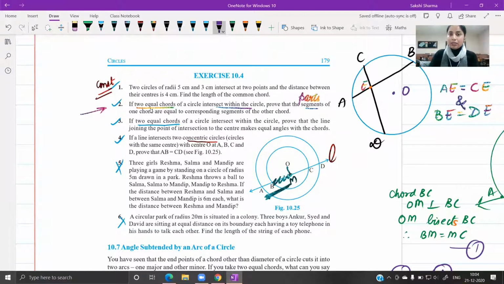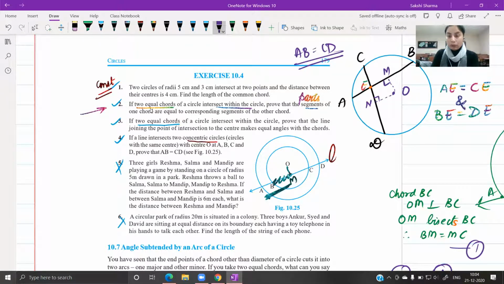As such, we are only given that AB and CD are equal. So I'm going to construct perpendiculars from the center to these chords. What these perpendiculars will do is, first, tell me how far the chords are from the center. Secondly, they will bisect the chords. So OM will bisect chord AB and ON will bisect chord CD. AB gets 2 parts, CD gets 2 parts.